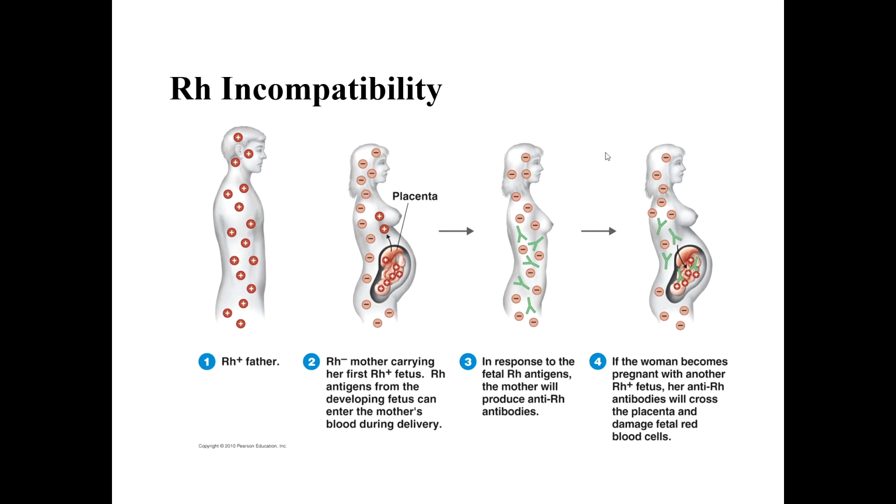You can see that if we're looking at the genotypes and the phenotypes for Rh, so phenotypically you could either be Rh positive, or you could be Rh negative. Those are your phenotypes.